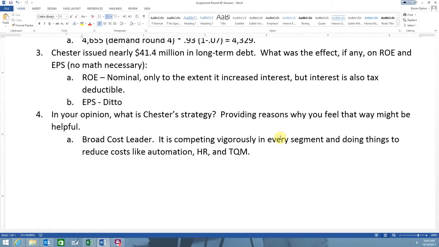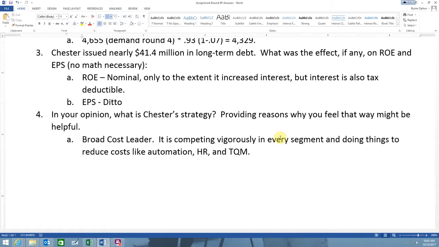And if you're a life cycle, you're going to be working to get rid of both your performance and size ones, and it's not doing that. It's also not a high differentiation niche, because again, it's competing vigorously in the low end and the traditional segment.